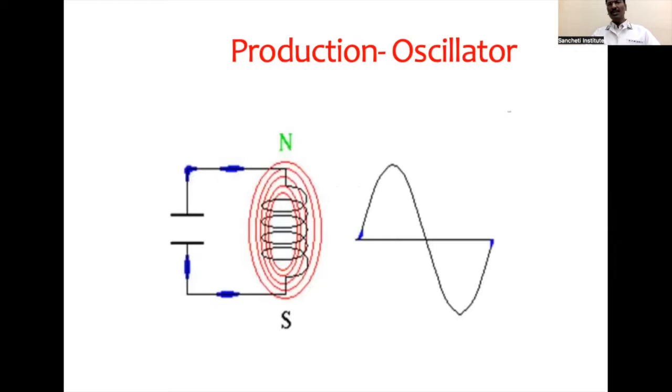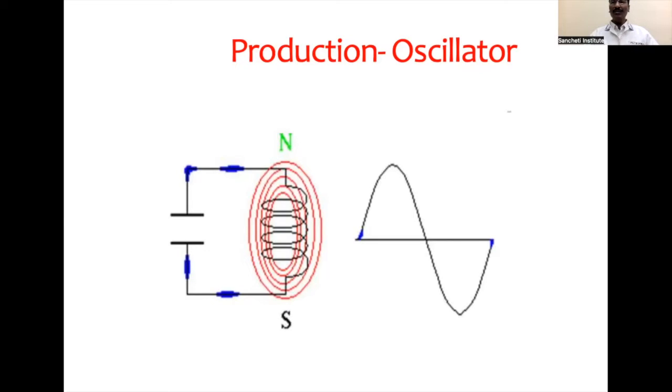Now let us highlight the main part of the production, the heart of the SWD machine. We have the oscillator coil. This is the basis for the production of high frequency current. Here we have a capacitor and an induction coil, and this combination gives us a high frequency current.